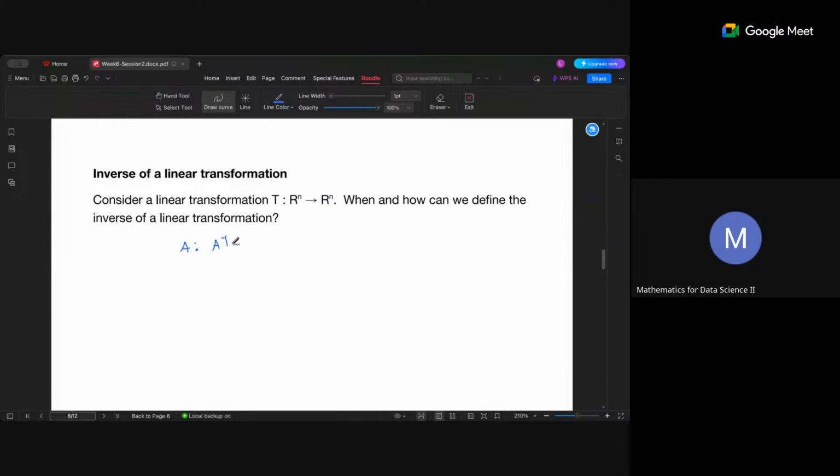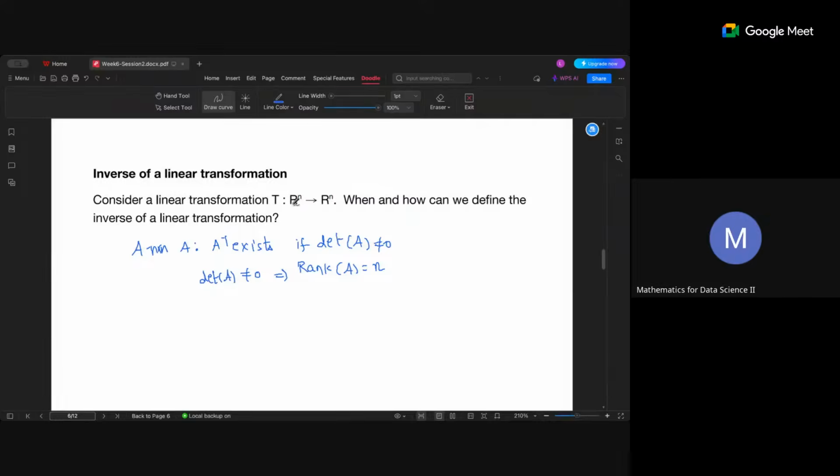So A inverse exists if the determinant of A is non-zero. Determinant of A is non-zero implies rank of A is equal to n, because here A is an n by n matrix, right?